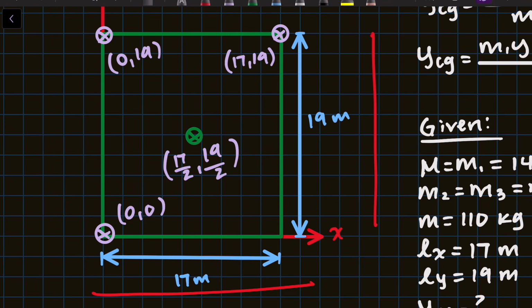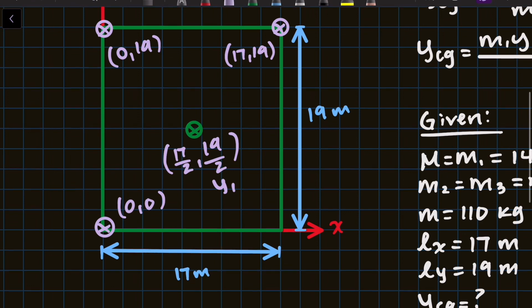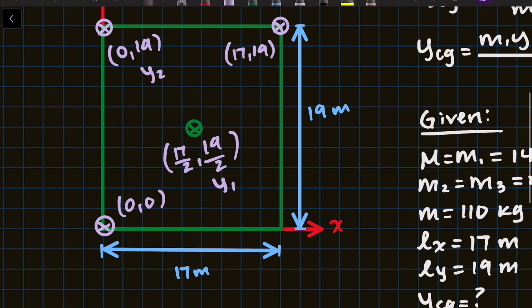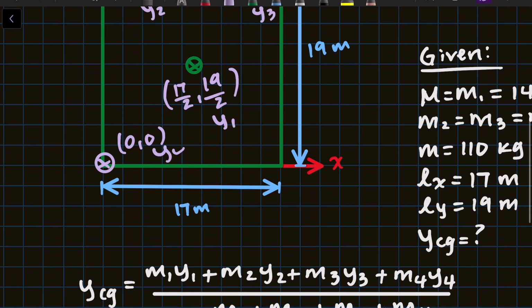Okay, all right. So now let's label. We said the only one that really matters is this one, so this one will be y1. I'm going to make this one y2, y3, y4.